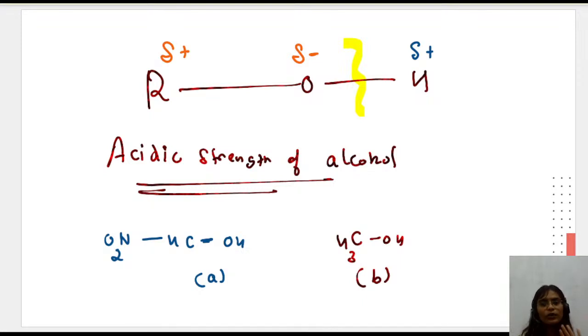First just try to answer this, then I will give you a brief on how to compare the acidic strength. Just first recall the memories of 11th class, then we are going to proceed. Yes, please. According to you, between A and B, which one has the maximum acidic strength?